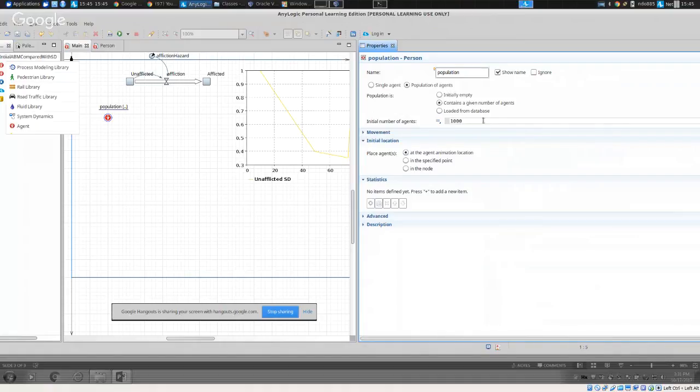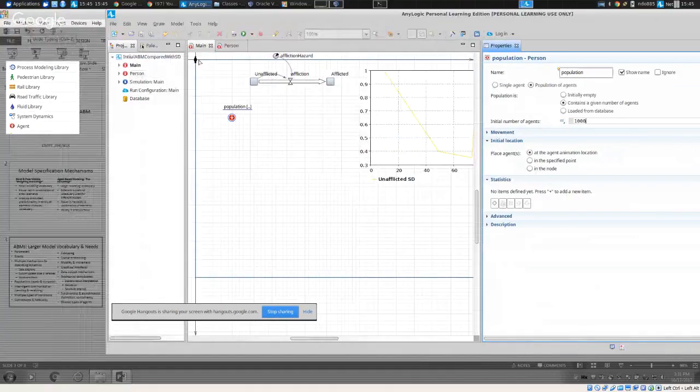Despite my impulses, we're not creating a parameter for this because we also hard-coded the initial value associated with that stock. 1,000 agents here to match the 1,000 agents in this system dynamics model. Okay, ladies and gentlemen, there's our population.